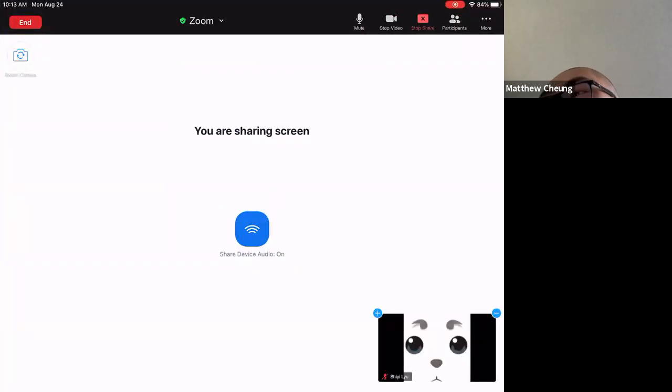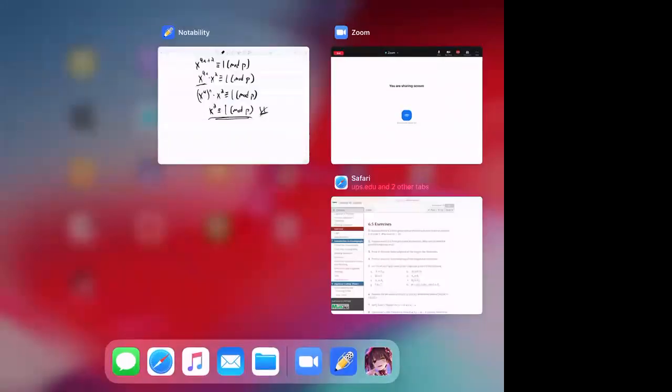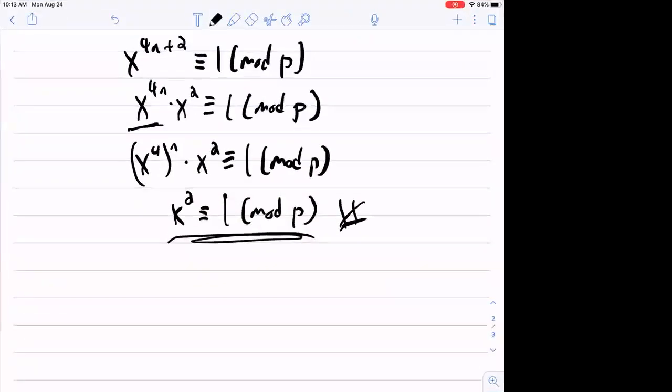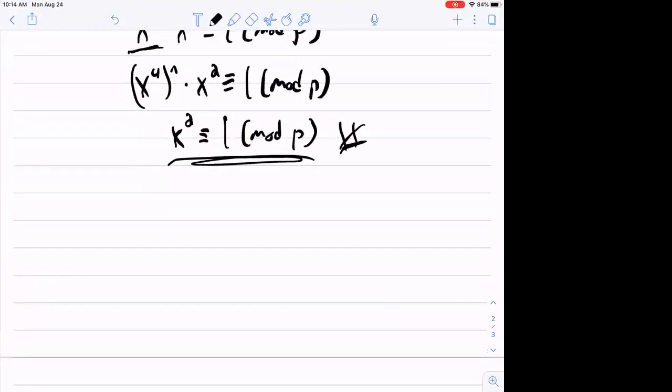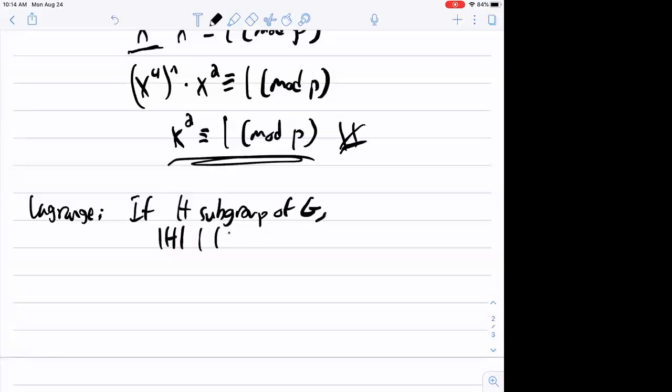So let me remind you, Lagrange: if H is a subgroup of G, I mean, this is part of Lagrange, but the order of H divides the order of G.